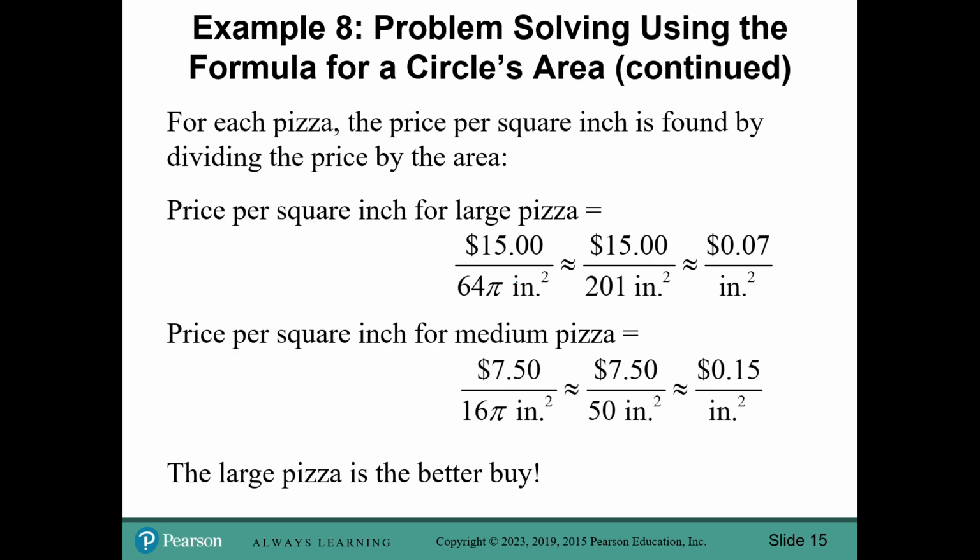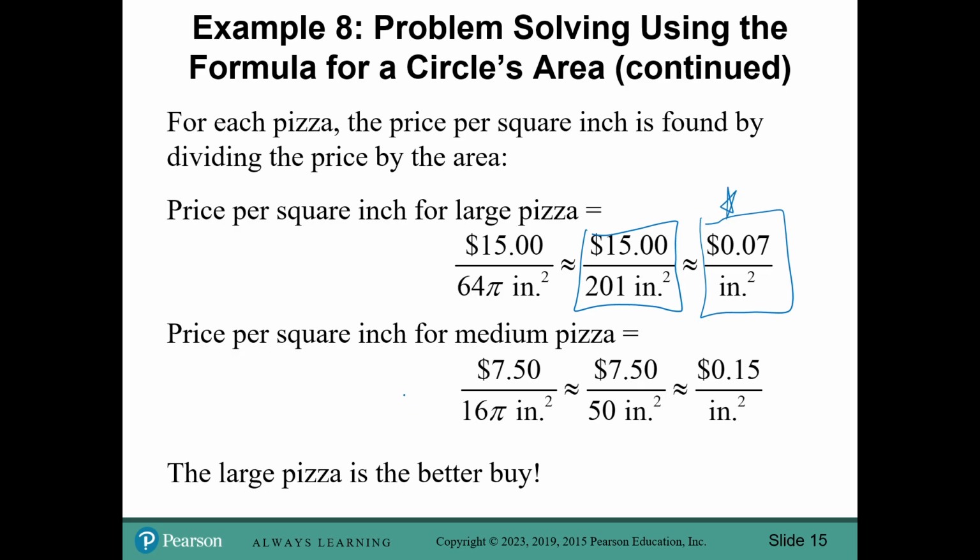Okay, so we're going to take that $15 for the large pizza. We're going to divide it by essentially the square inches of that pizza. So let's look at this. $15 divided by 201 inches squared gives us a cost of about 7 cents per inch squared. Okay, this is really what we're looking for here.